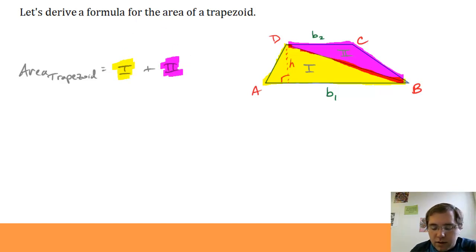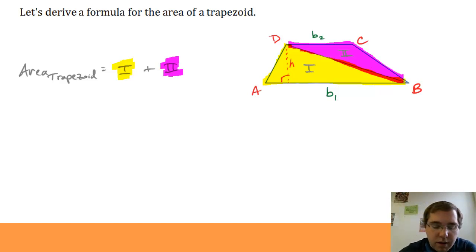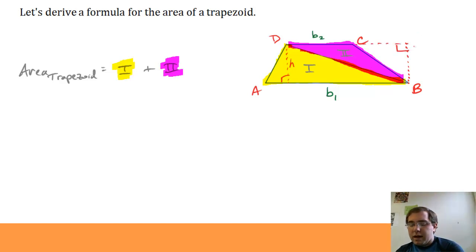If I add them together, I'll get the whole trapezoid, right? Well, I've got a height drawn for the yellow triangle. Let me draw a height and altitude for the pink triangle. So I'll maybe pick this vertex over here, and I'll draw it up there. I'll have to extend this top side, and then I've got an altitude.